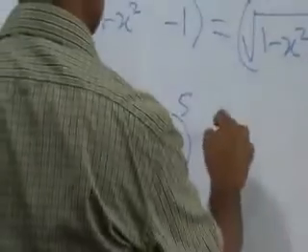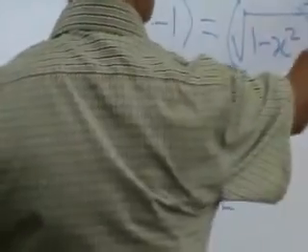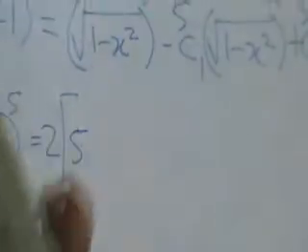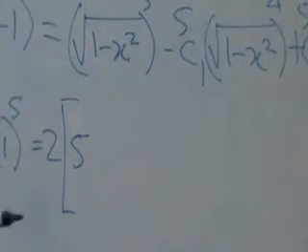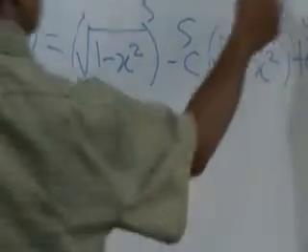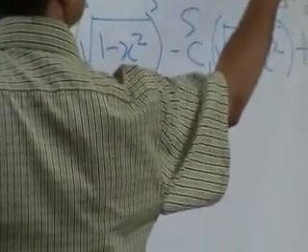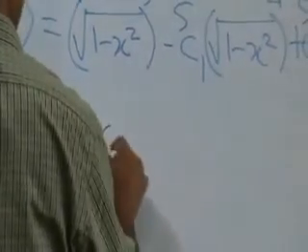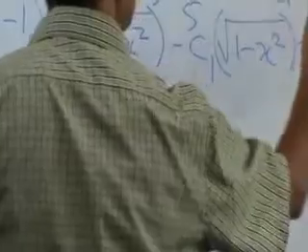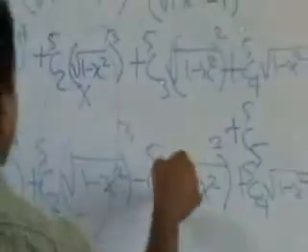So it will become 2 times this term, 5C1. 5C1 is 5, to choose one thing out of 5 things I can do it in 5 different ways. So 5C1, root 1 minus x square whole squared is 1 minus x square, that will be 1 minus x square whole squared. Then this will go. Do you understand? This will go. This will go. And this will get added up again.